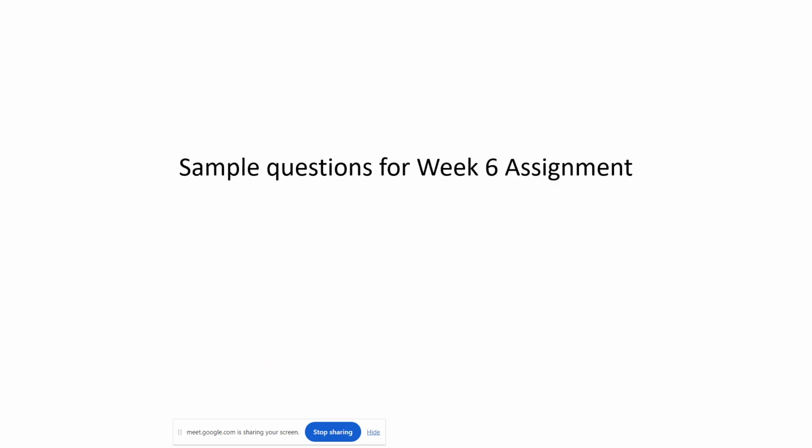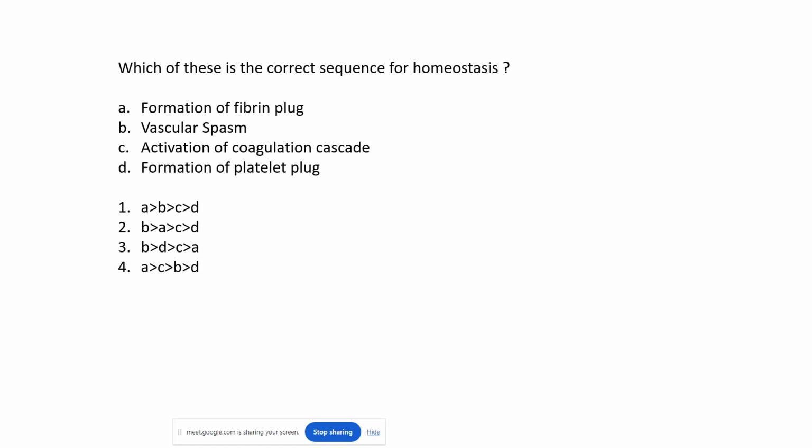And I have some sample questions for the week 6 assignment. So for week 6, this is the first question. Which of these is the correct sequence for hemostasis? Can you answer, Sakshi? I'll give you some time to go through this question. So the steps are formation of fibrin plug, vascular spasm, activation of coagulation cascade, and then formation of platelet plug.